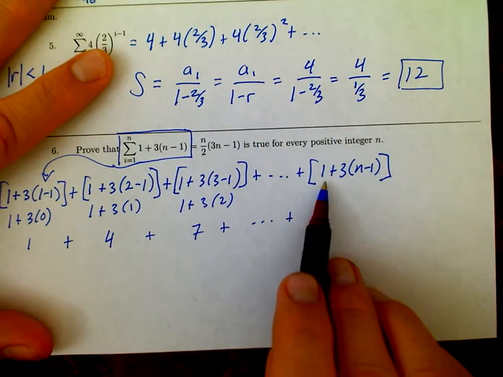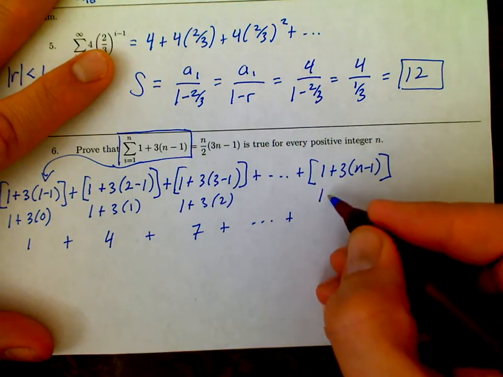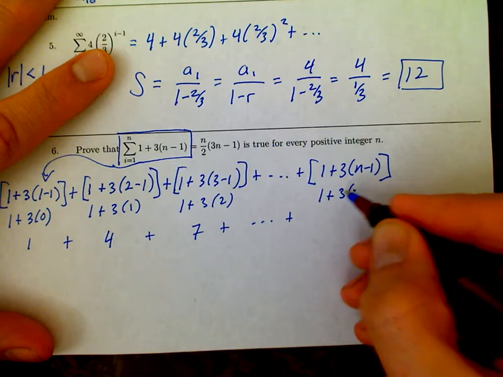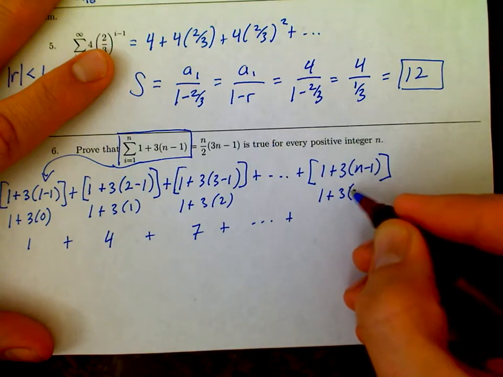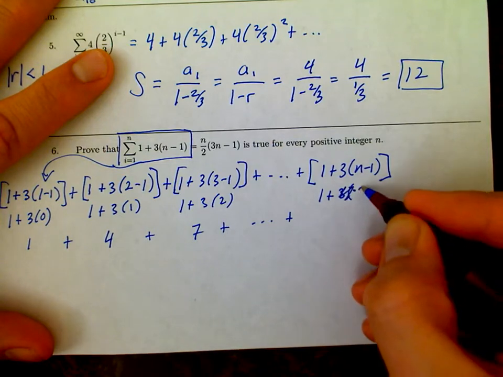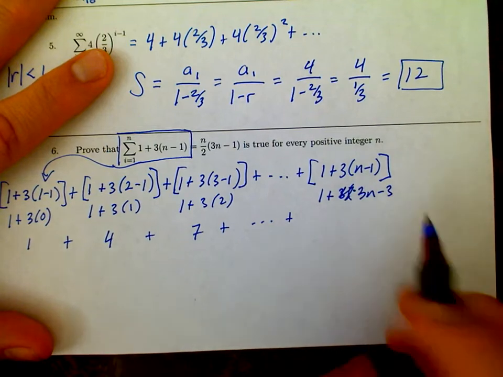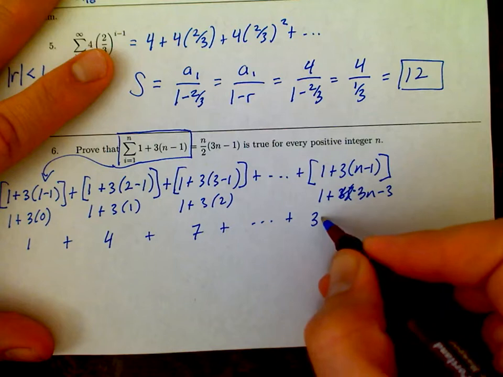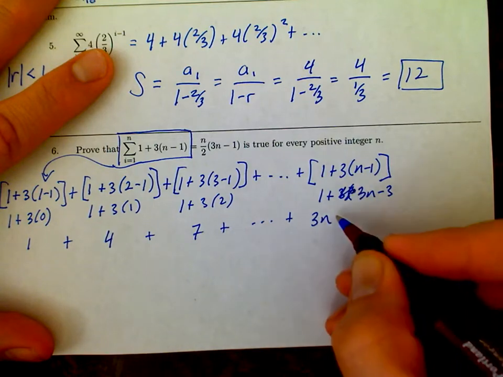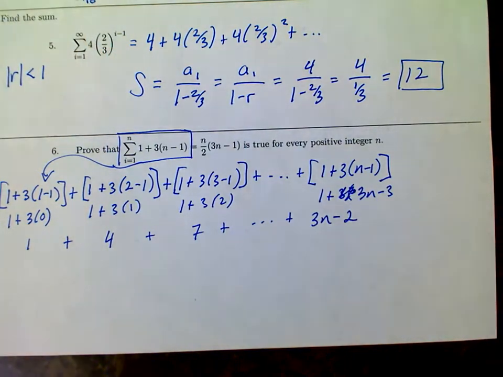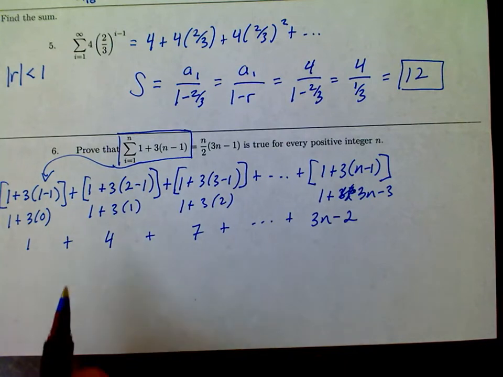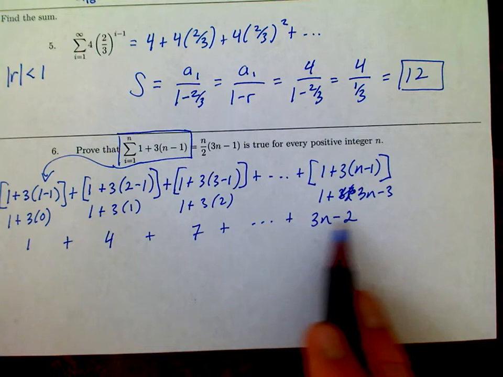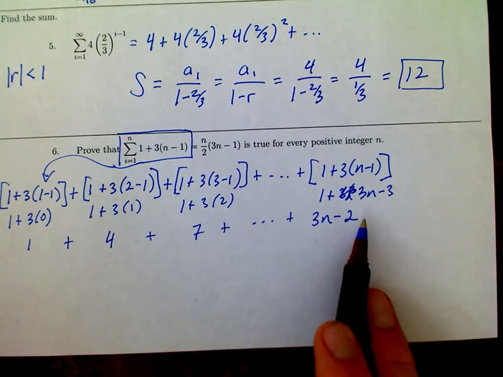We're going to simplify this a little bit. This is 1 plus 3 times 3n minus 3. In other words, 1 take away 3, which is minus 2. So this is our sequence, really, our series that we're trying to find the sum for.